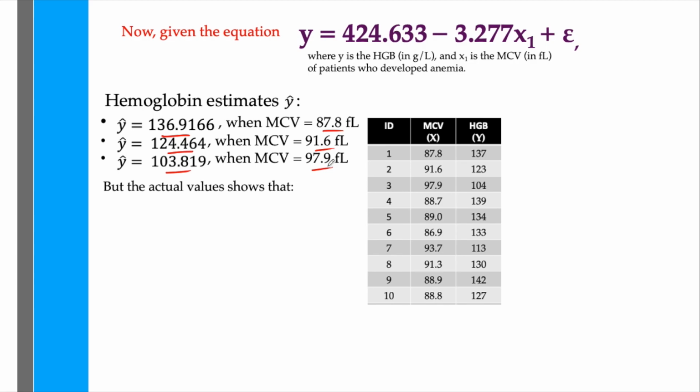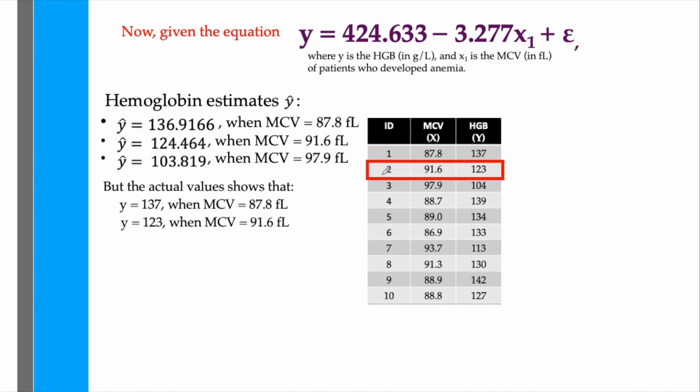Now, since these are the estimates of the hemoglobin that we were able to compute given this MCV, consider here now that the actual values are, for MCV of 87.8, not 136.9 but 137. Likewise, for a patient with MCV of 91.6, it's not 124 that we estimated, but just 123.